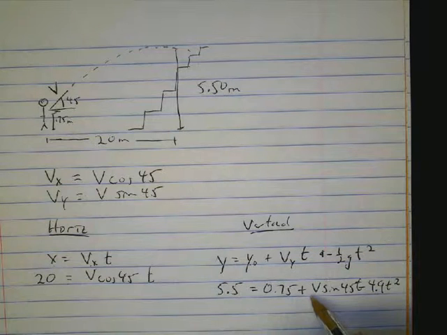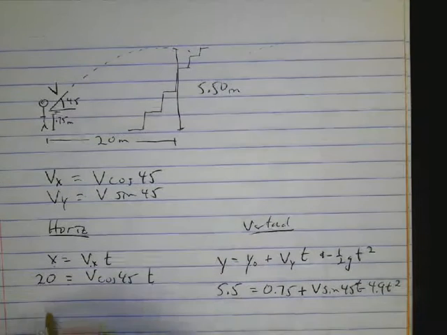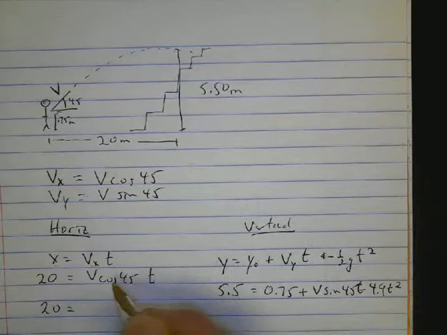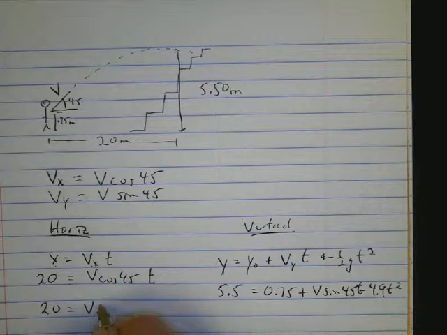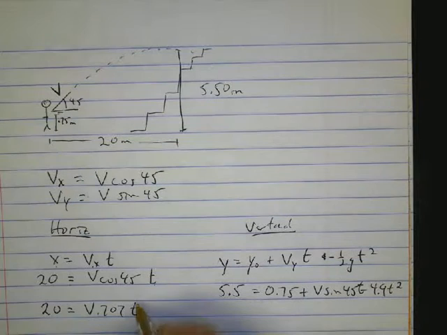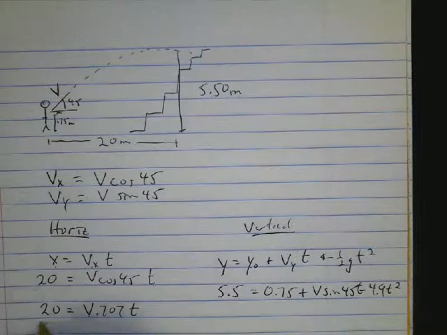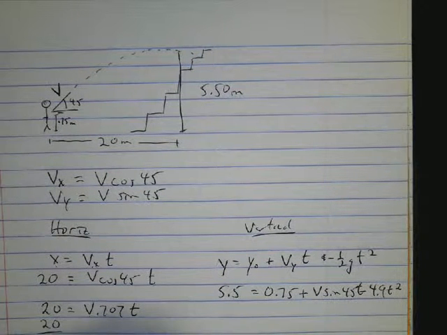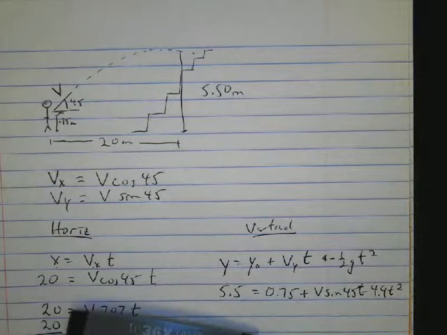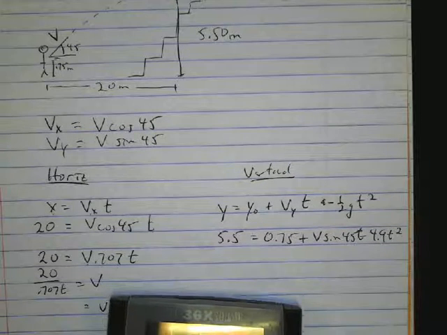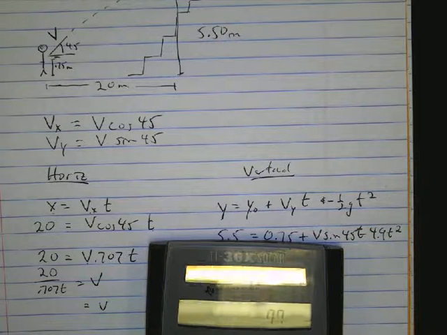So 20 equals v times 0.707 t. When I solve this for v, I get 20 over 0.707t, which is, now this is not v sub x, this is just v, 28.29, and that's all over t. I'm going to substitute this in for v.